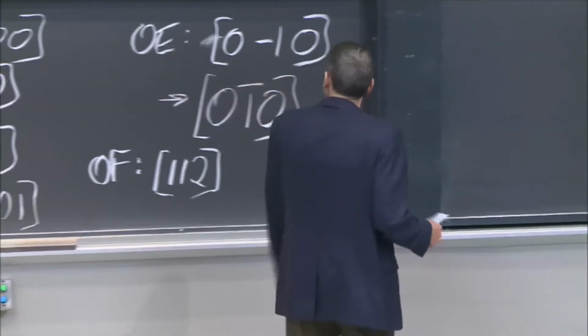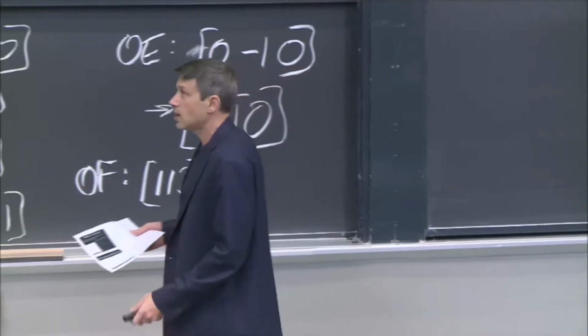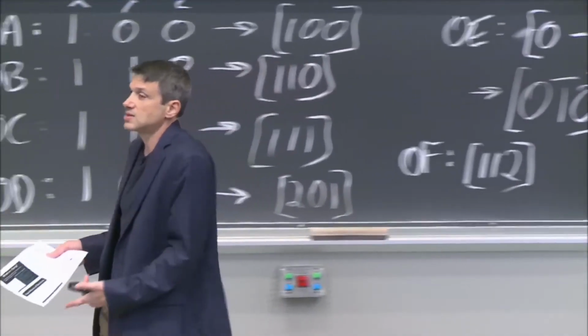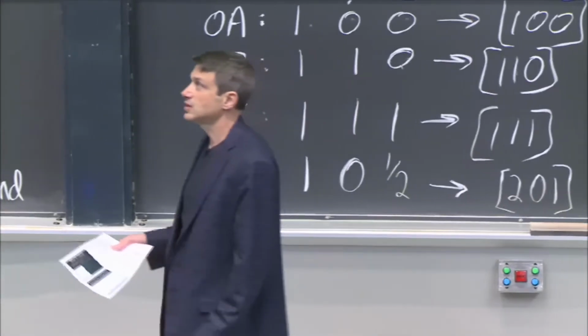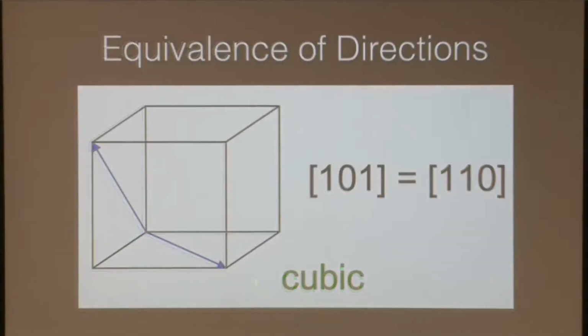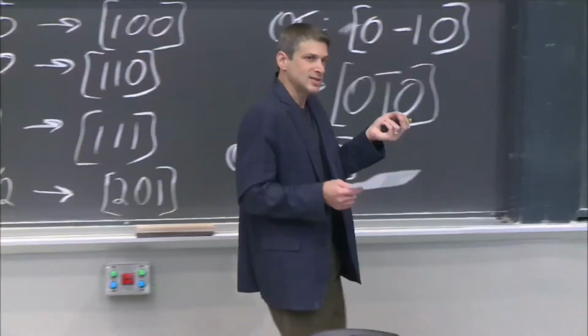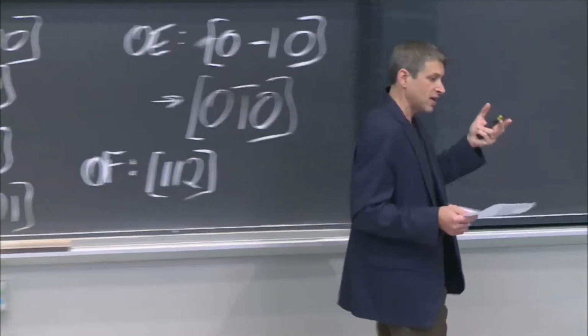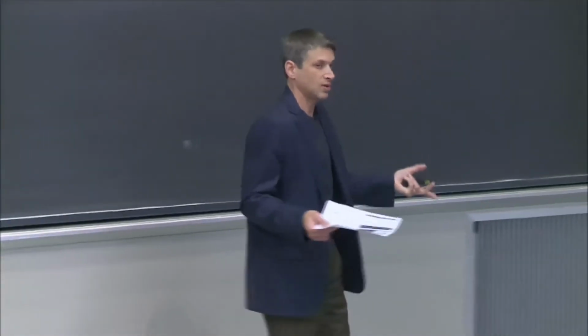Now, there are equivalences here, because this is a cubic lattice. So, if I went this way and I went that way, where I wind up are equivalent points. You're winding up at the same place in the crystal, because the definition of that in a cubic lattice is that those are all equivalent.